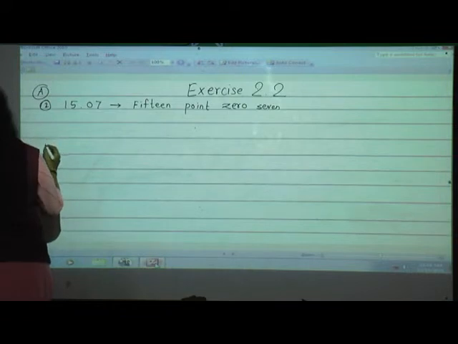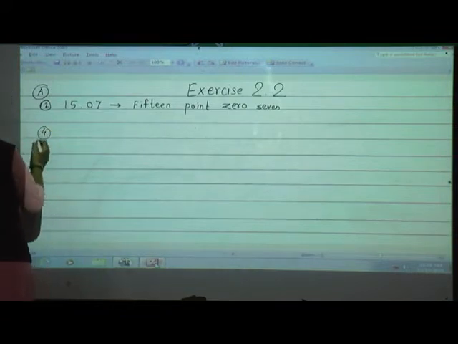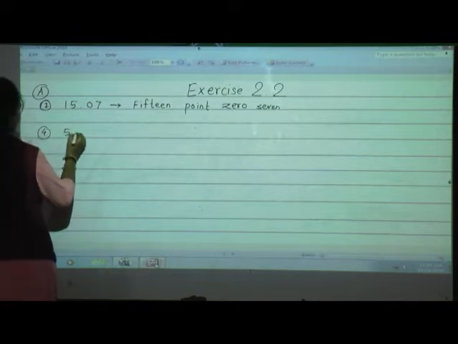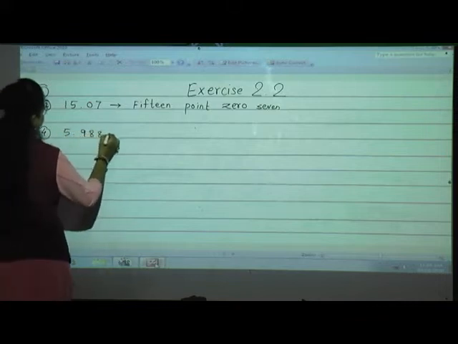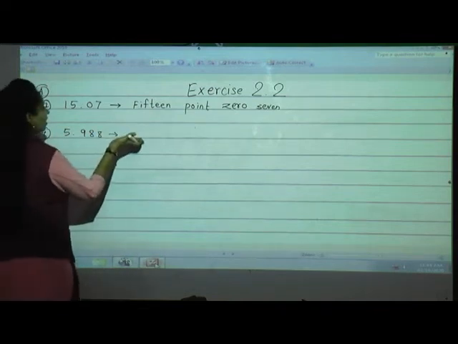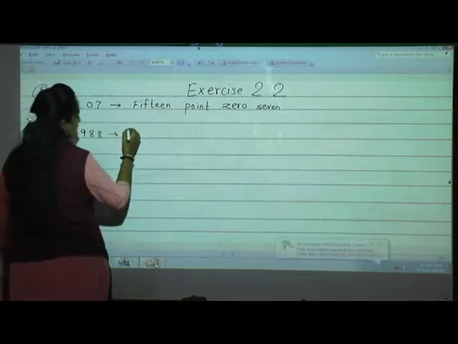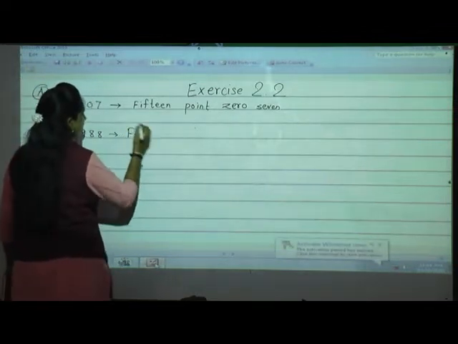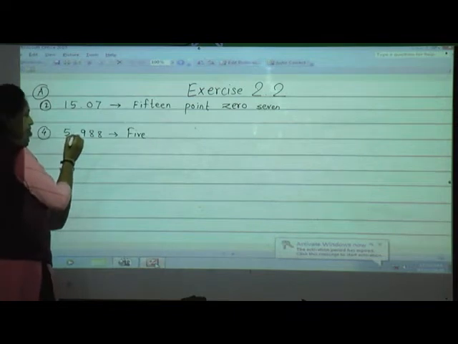Now I will take fourth one for you. See the fourth one, 5.988. See, whatever we are reading by seeing the number, you have to write that number in number name. Write 5, and what you can see, point.